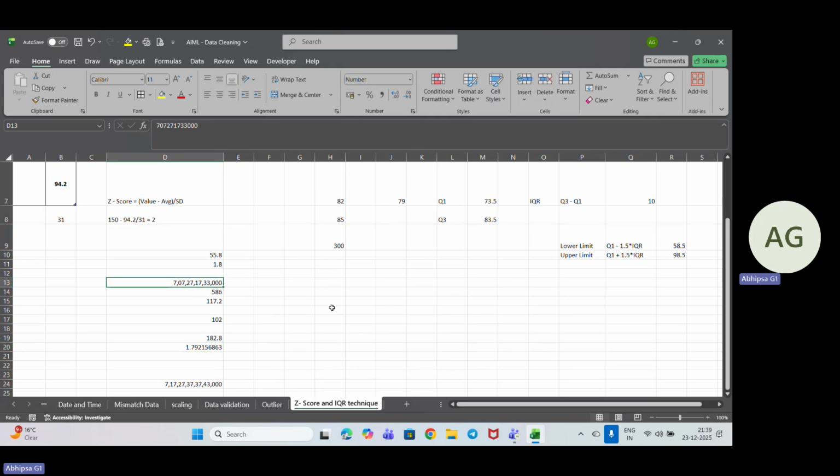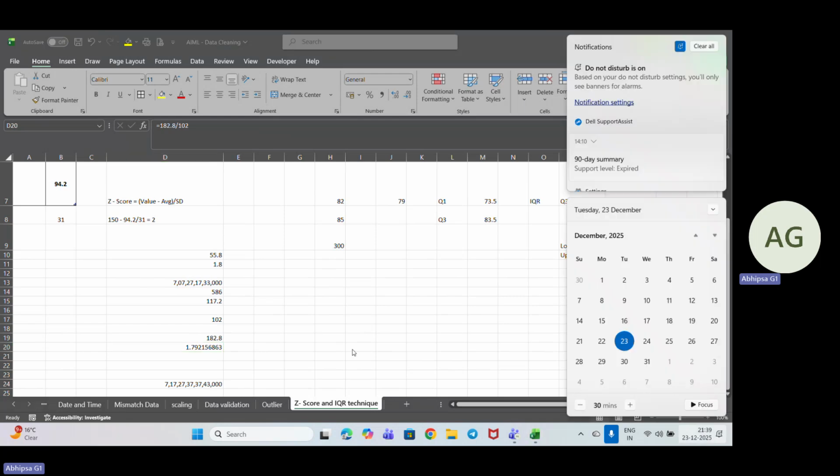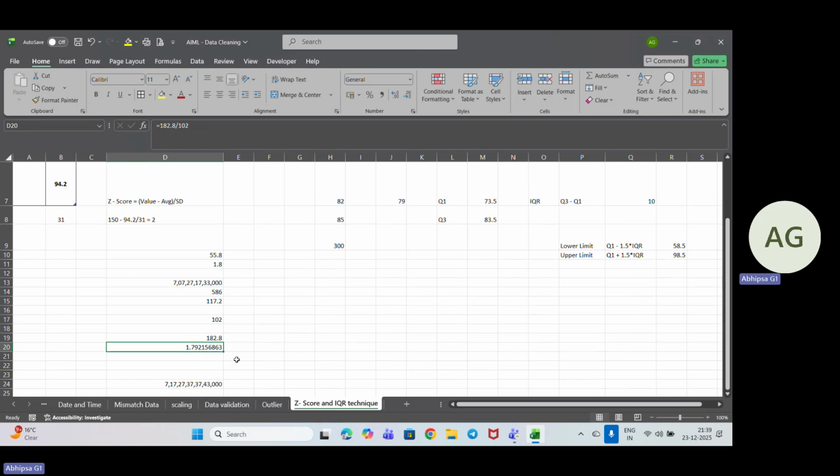And 300 or 3,300 is way out in that form. So that's why we got this Z score value. We have not clearly said that this is an outlier because the value is coming as 1.79, that is near to 2 but not more than 2 or near to 3, so we cannot definitely tell that this is an outlier.